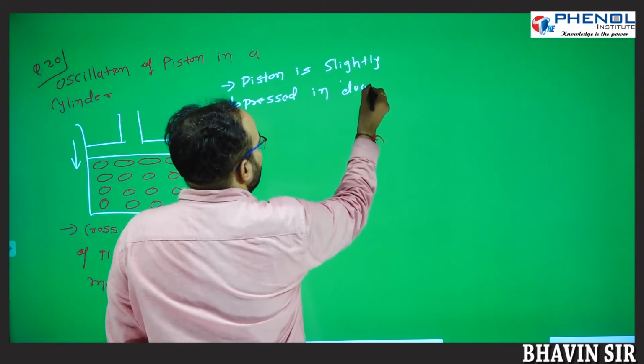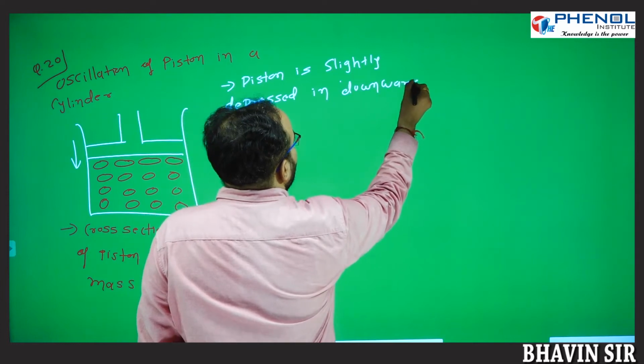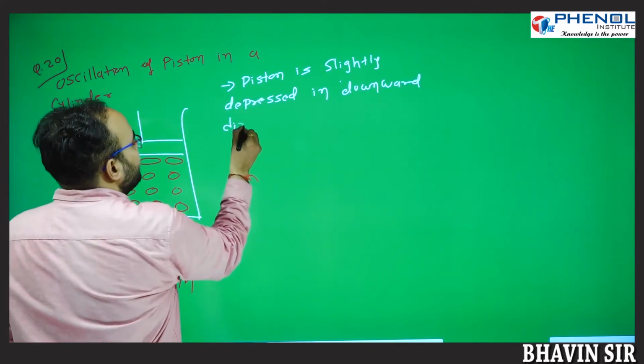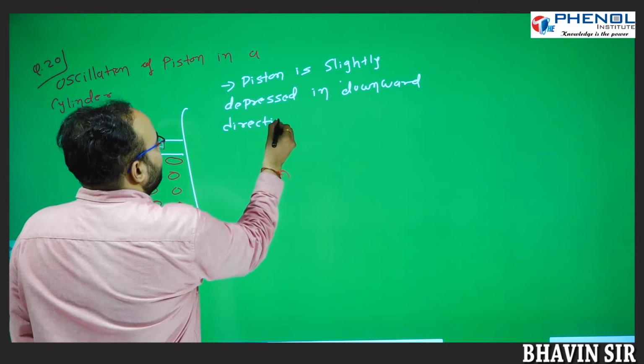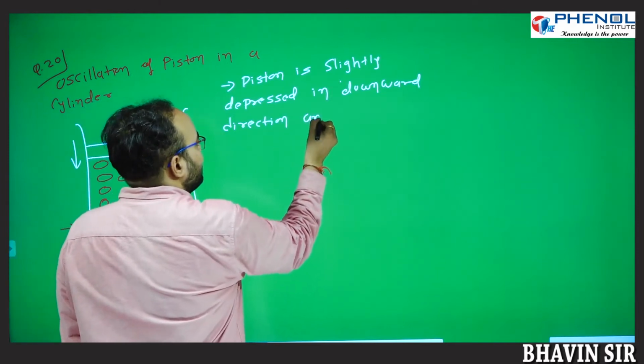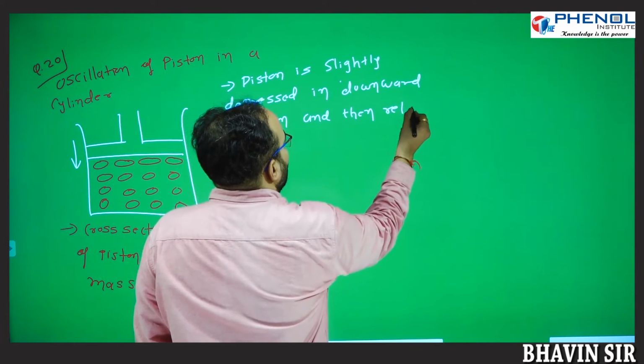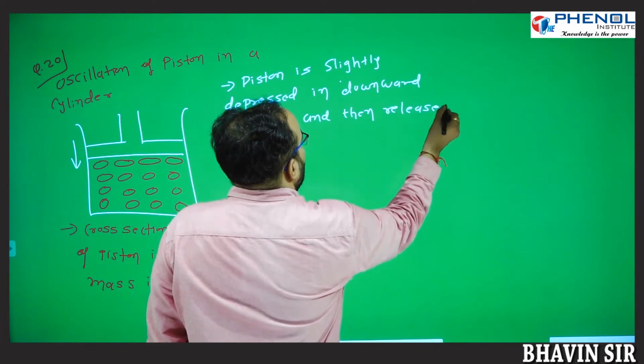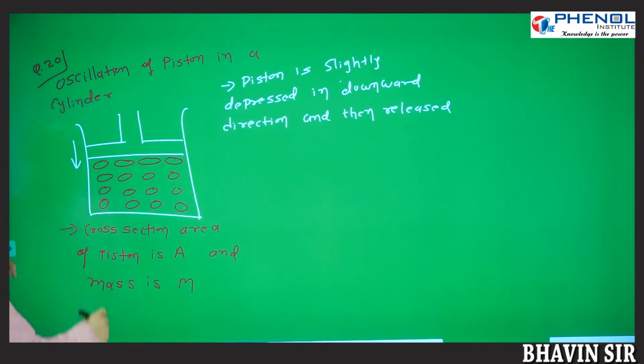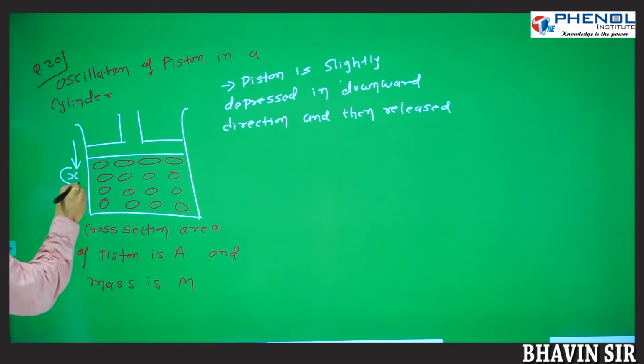Now this piston is slightly depressed in the downward direction. Suppose the piston moves downward by x.